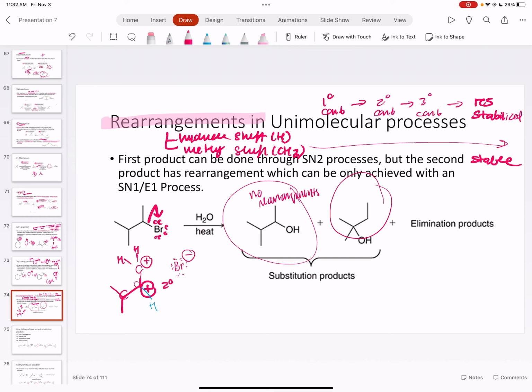If we count carbon-carbon bonds, technically I would only have a primary, but primary is not more stable than secondary, therefore I wouldn't really recommend to do that.